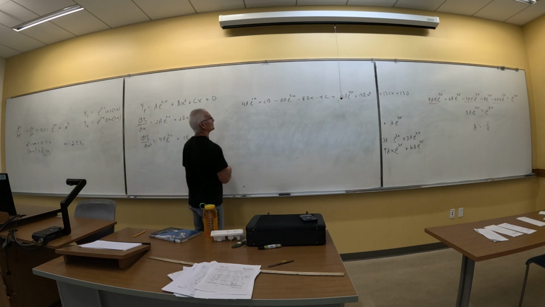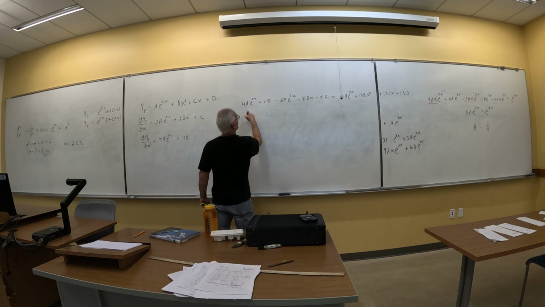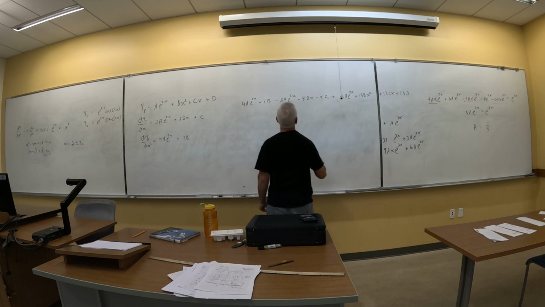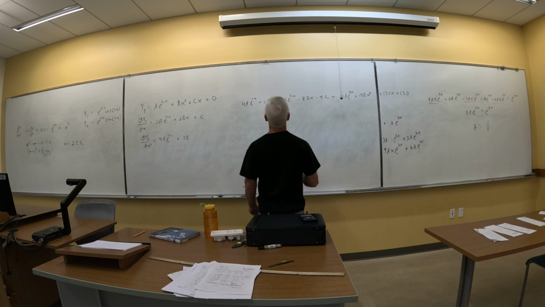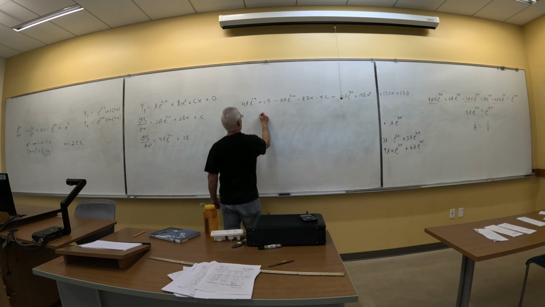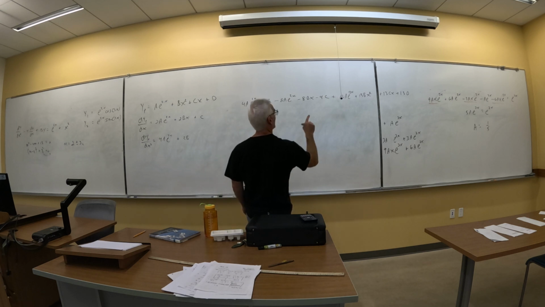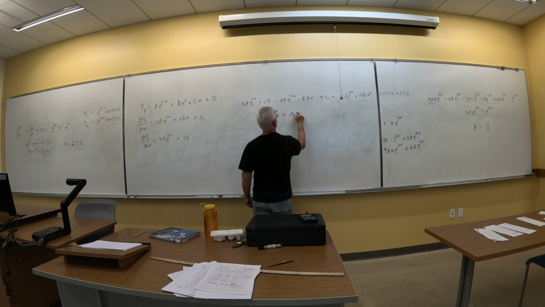All right, so let's gather terms. So I have 4a, negative 8a, plus 13a. What does that add up to? 9a. So it's 17 minus 8, so 9a e to the 2x. X squared, I only have that one. Do I have any x terms?